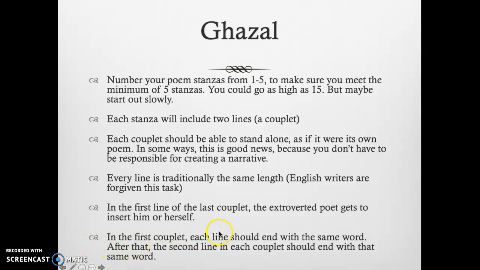And in the first couplet, each line should end with the same word. After that, the second line in each couplet should end with the same word. Does that make sense? So you're repeating those ending words in the 5 stanzas so that you have this repetition of the ending of lines throughout the poem.